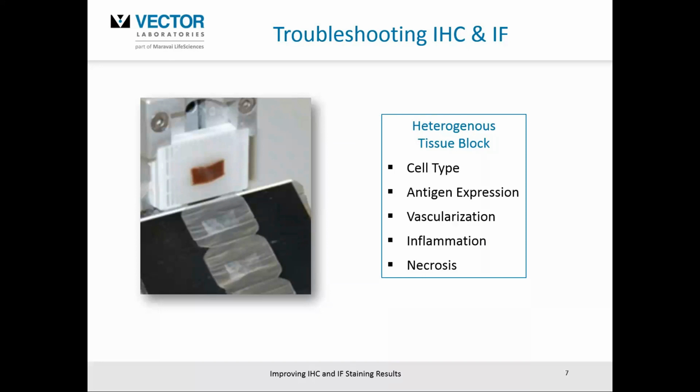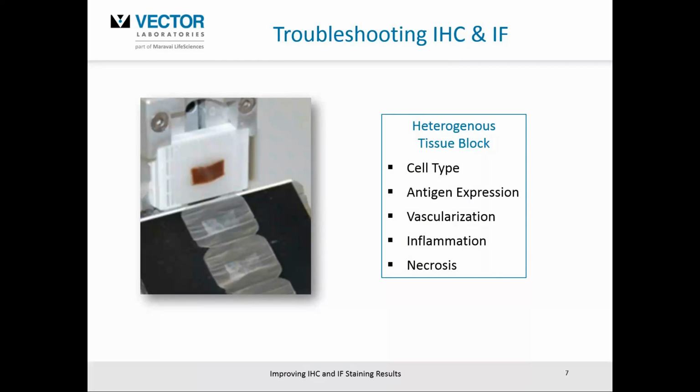There could be varying levels of antigen expression as you cut into a block, and indeed vascularization, whether it be angiogenesis, neovascularization, whatever you want to refer to that as, but really introducing more erythrocytes, for example, that may have more peroxidase activity associated with it.